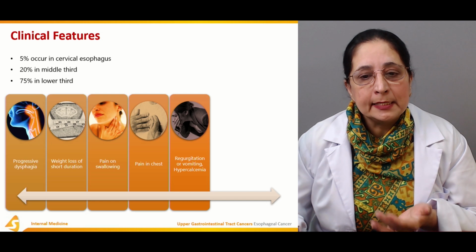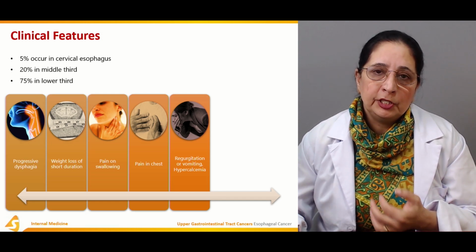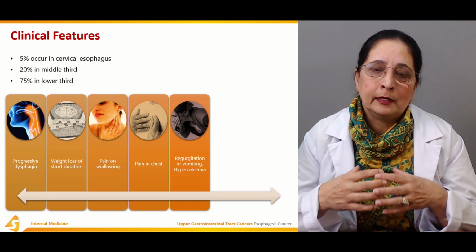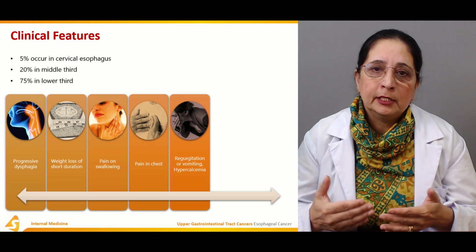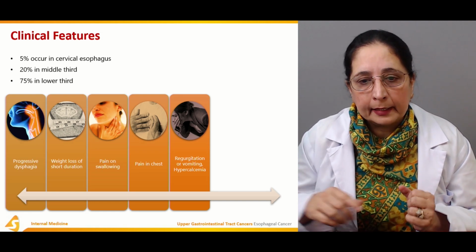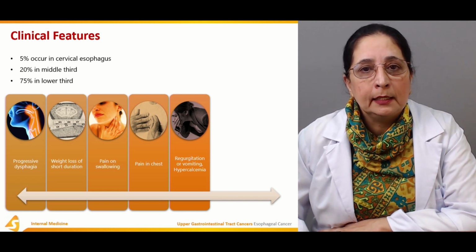Regurgitation or vomiting, hypercalcemia. There is regurgitation and vomiting because the passage of the food is not clear. So the patient regurgitates and vomits, and there is also hypercalcemia, or increased level of calcium in the blood.